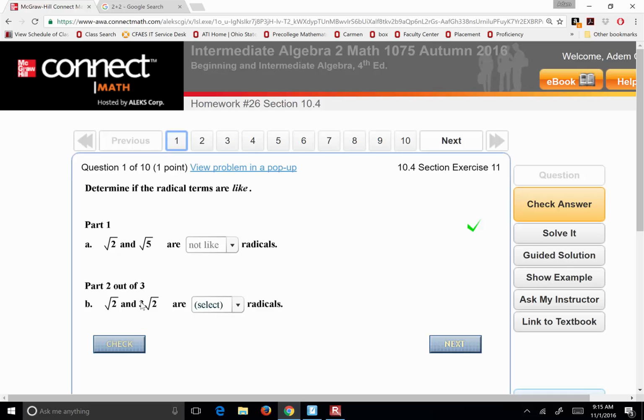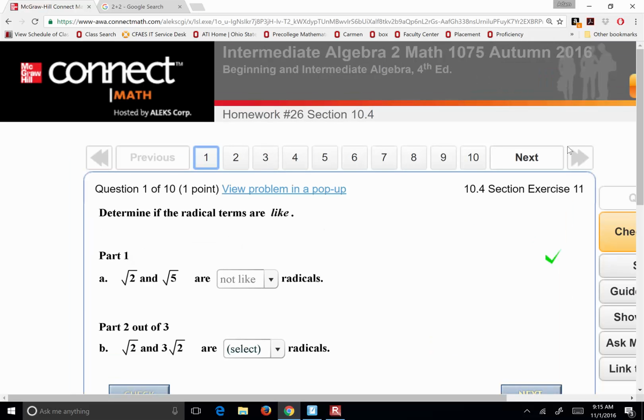Alright, let's do the second one. Are these 2 radicals like or not? They are like. Look, only focus on the prisons, not the numbers in front. This is 3, but this 3 is a free guy. It's outside the prison. We don't care. We don't compare 3.